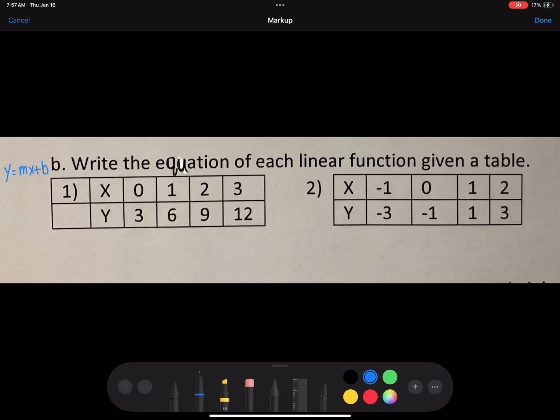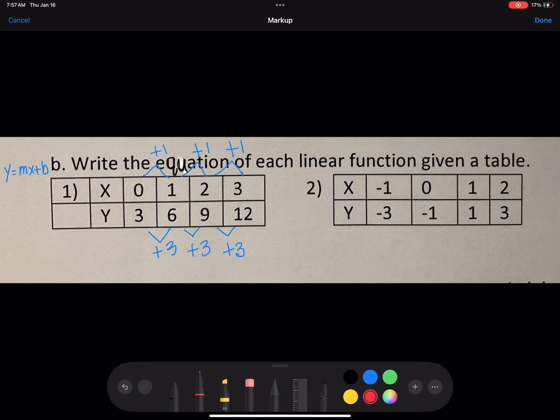In my next example, we need to write an equation of each linear function given a table. So remember, we are looking for my change in my y value divided by my change in my x value. So I'm looking at my table and I'm finding the change in each of those values.